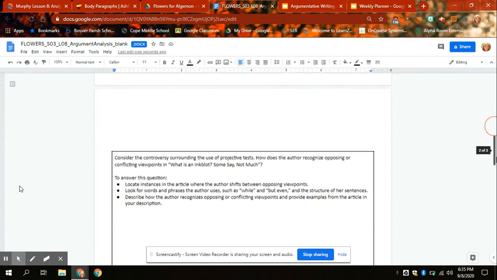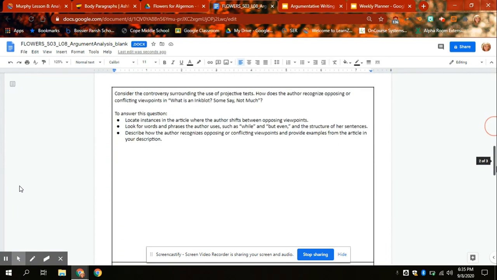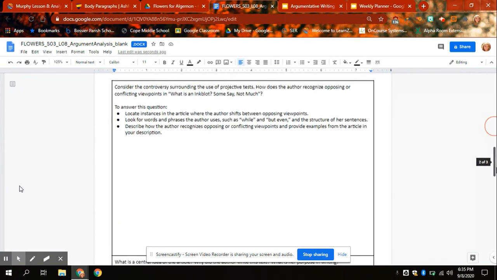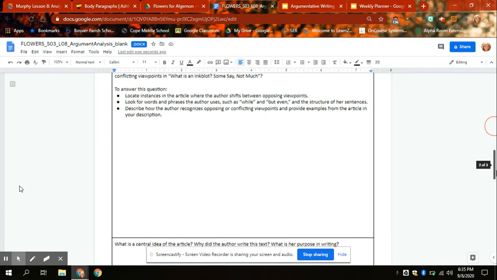Then there are some questions to answer at the bottom of this document. So consider the controversy surrounding the use of projective tests. How does the author recognize opposing or conflicting viewpoints? And what's in an ink blot? Some say not much. It tells you some helpful hints here on how to answer this question. It talks a lot about transition words, shifts between viewpoints.